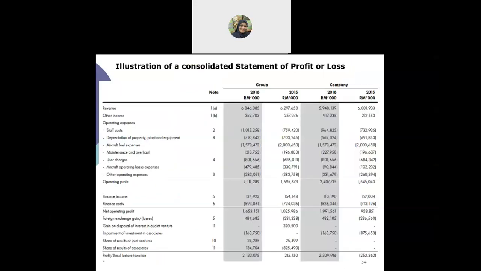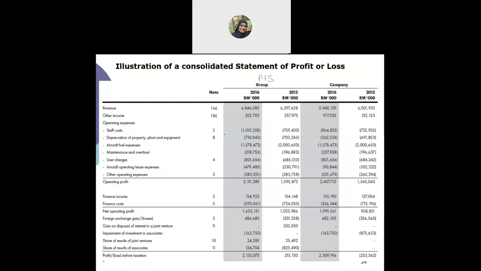So this is about the presentation. If you look here, we have two columns: the column for the group and also the column for the company. Group here is the combination of parent and subsidiaries.